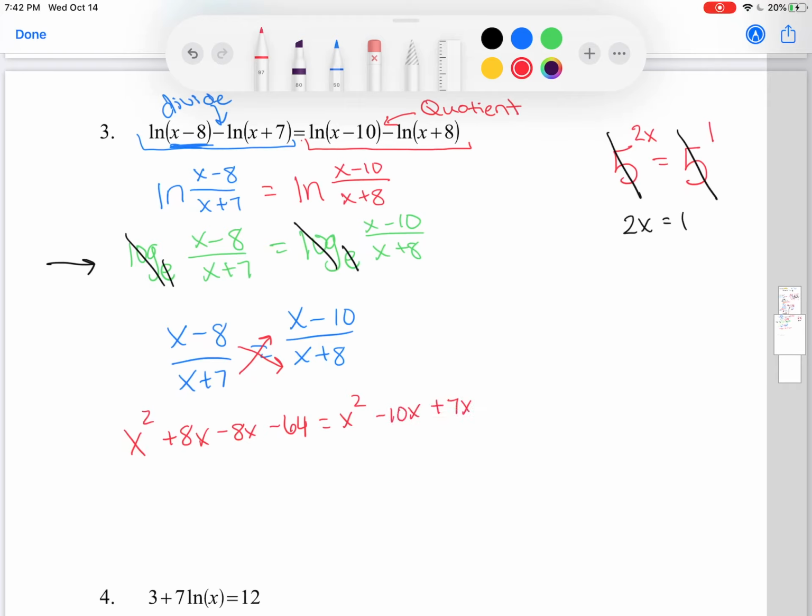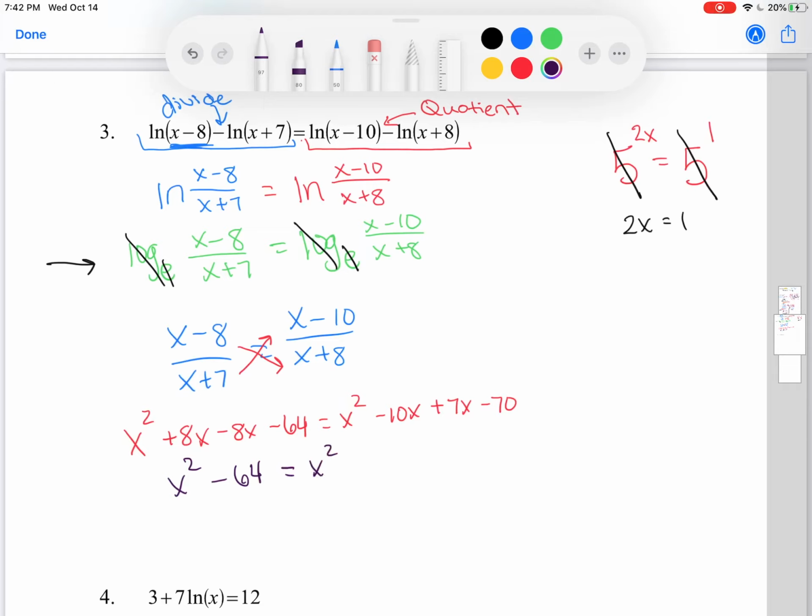If you can see what cancels and combines, that's fine. I'm just bringing it all together here. Okay, x squared plus 8x minus 8x minus 64 equals x squared minus 10x plus 7x minus 70. So I'm just going to clean up shop here.